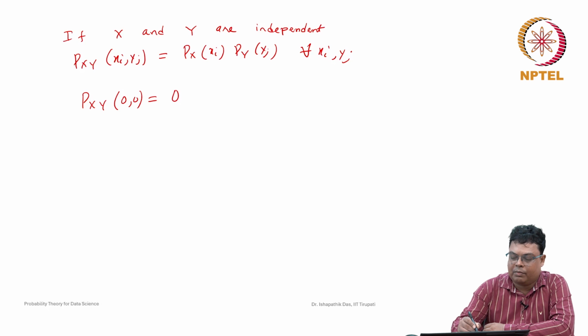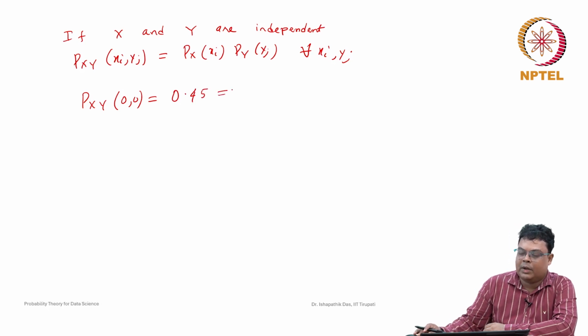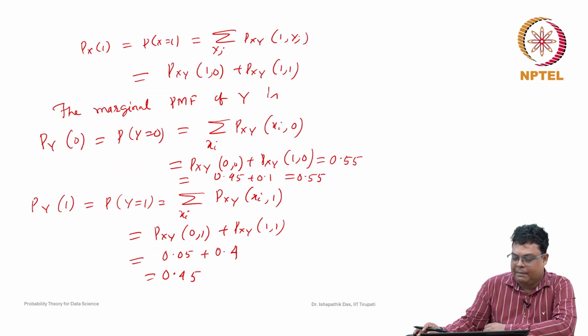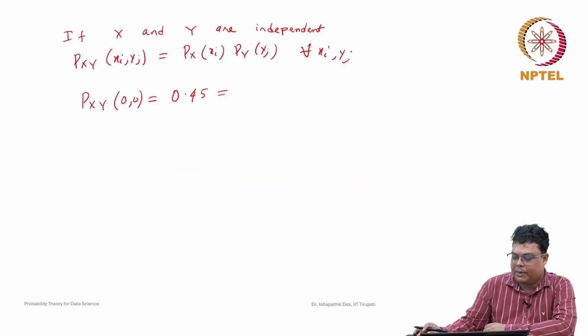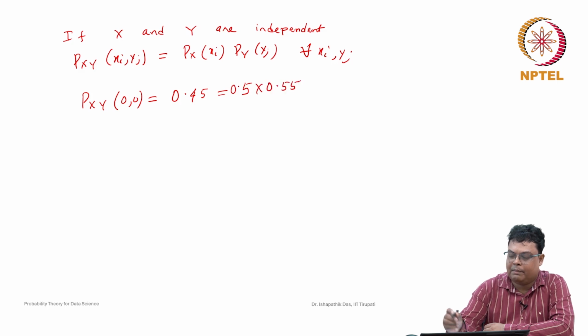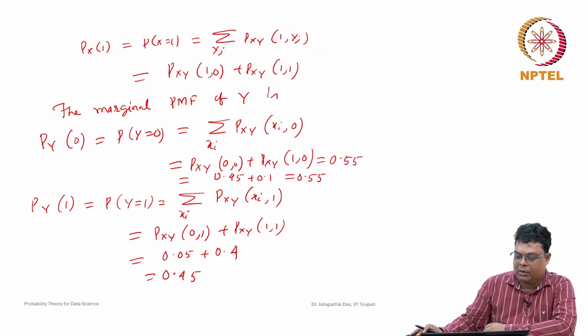Pxy(0,0) is 0.45. So if it is equal to px(xi) into py(yj), px of 0 is 0.5 and py of 0 is 0.55. So this should be equal to px of 0, 0.5, into py of 0, 0.55.